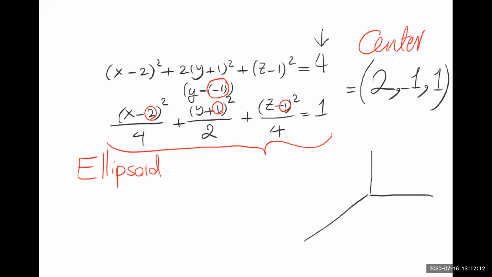So the center is 2. We come forward in direction of x by 2. Minus 1, we go in the negative direction of y by 1, and then we go up by 1. This is the center of this ellipsoid. And then we should kind of know what this ellipsoid looks like. As I said, it's more extended in direction of the components which have larger denominators.